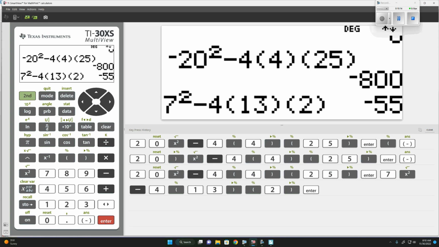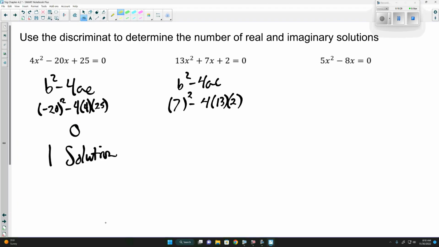And again, I said doing this is sometimes helpful, especially if we're trying to solve these. Knowing that there's a good chance it's not going to give us a nice number, it will give us complex numbers, I'm not going to even try to start factoring, because we can't factor nicely with complex solutions, especially if they're irrational. Because we got negative 55 for this, yes?